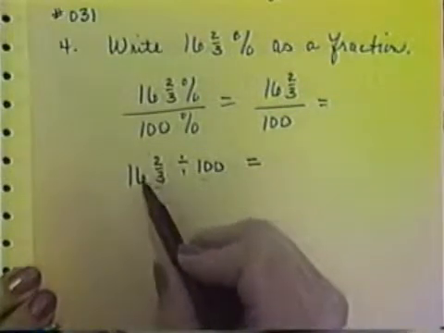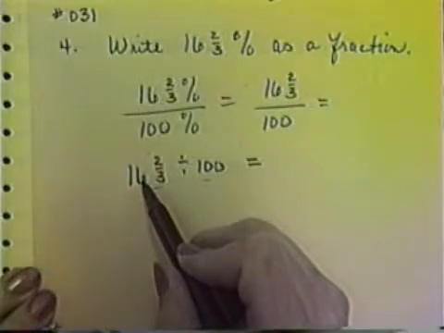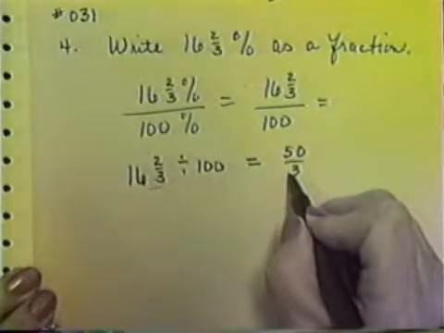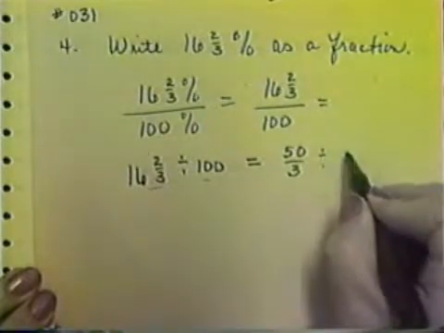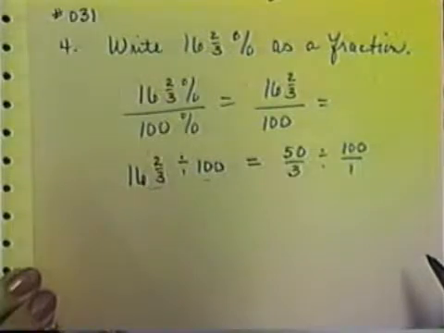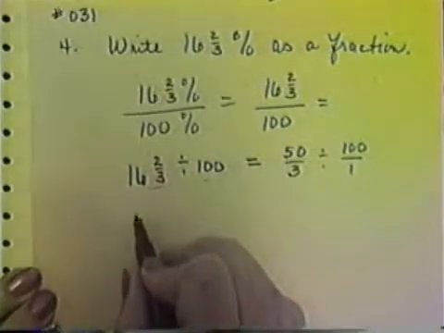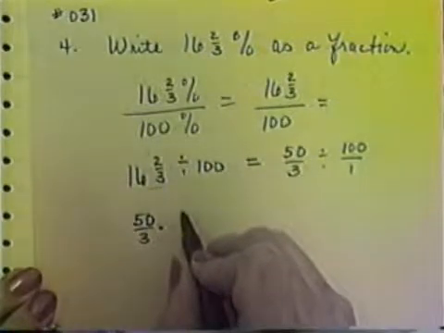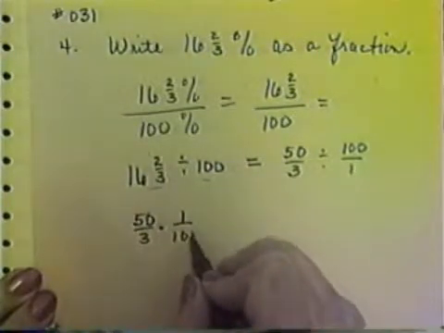So we multiply 3 times 16 is 48. 48 plus 2 makes 50 over 3 divided by 100, and we put that over 1, which gives us 50 over 3 times the reciprocal of 100, which is 1 over 100.